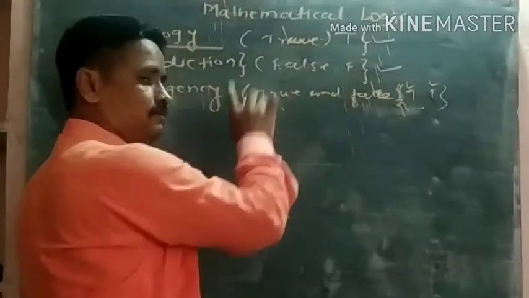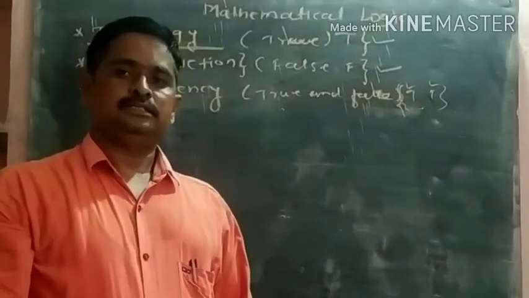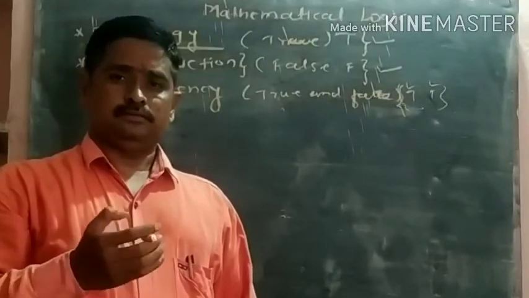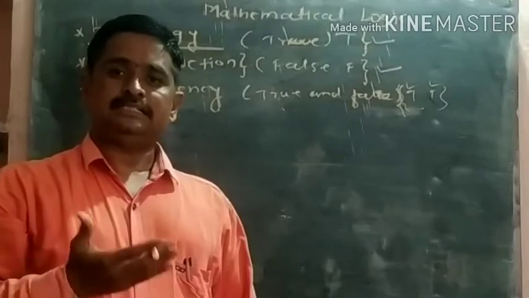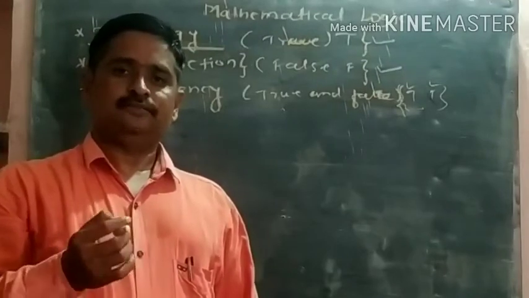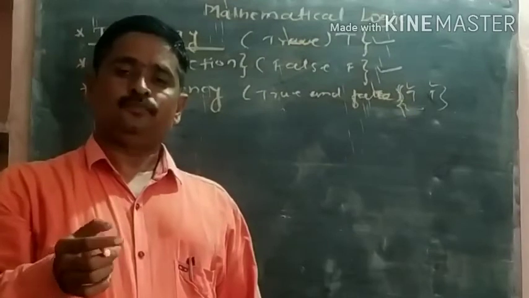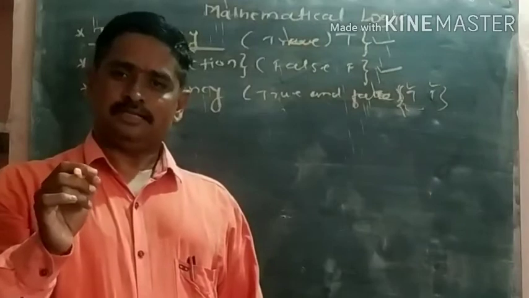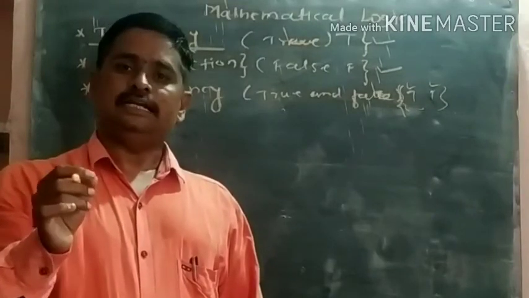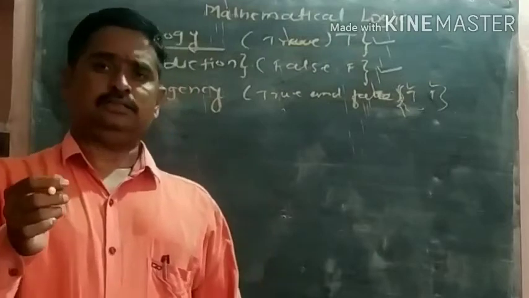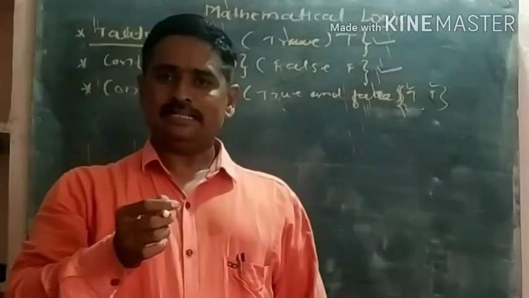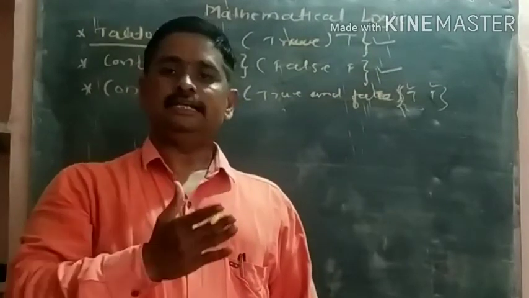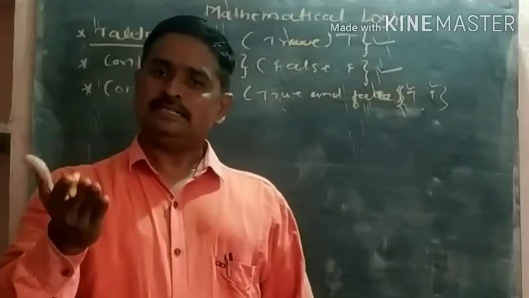So these are the three terms which are essential in this chapter, to conclude whether the statement pattern is a tautology, contradiction or contingency. Once again I want to recall tautology. A statement pattern is said to be a tautology if all the entries in the respective column are T. If all the entries are F, then it is a contradiction.